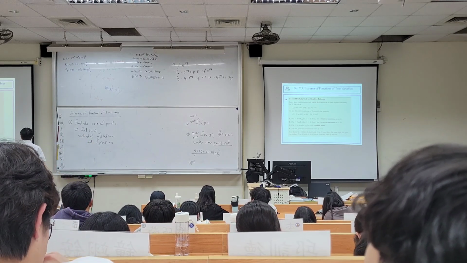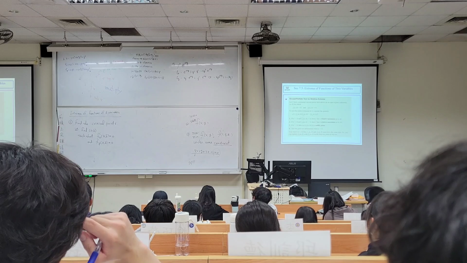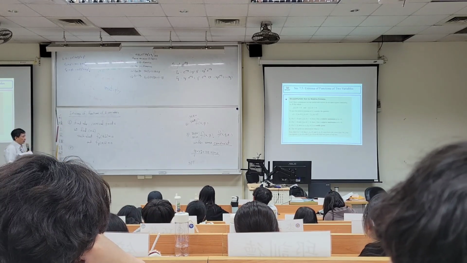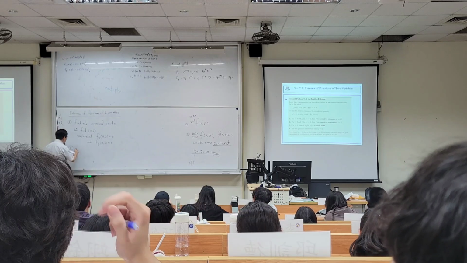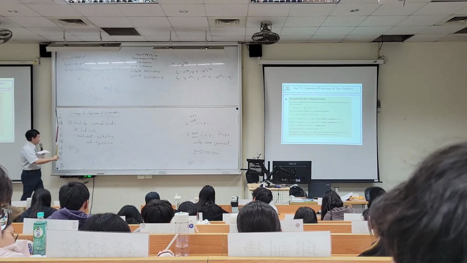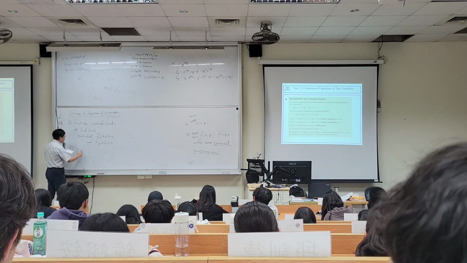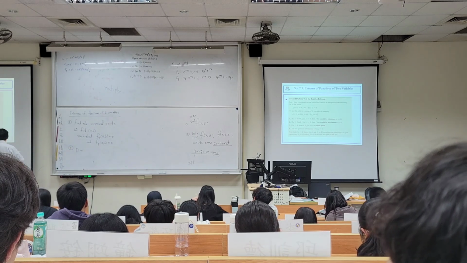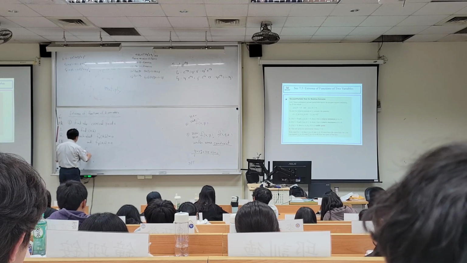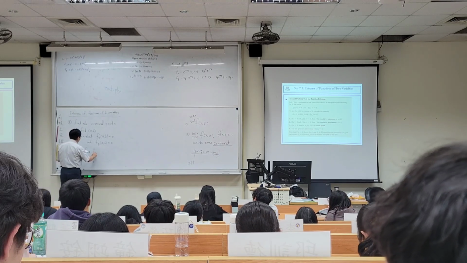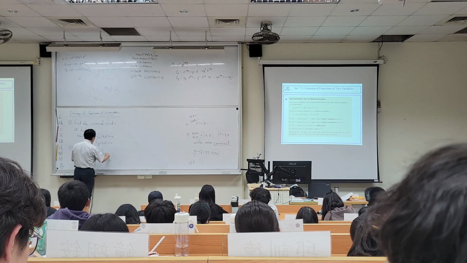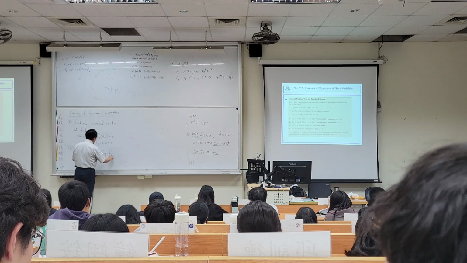Then you need to find the determinant of the Jacobian matrix, we call it D. D is equal to f sub xx multiplied by f sub yy, minus f sub xy multiplied by f sub yx.